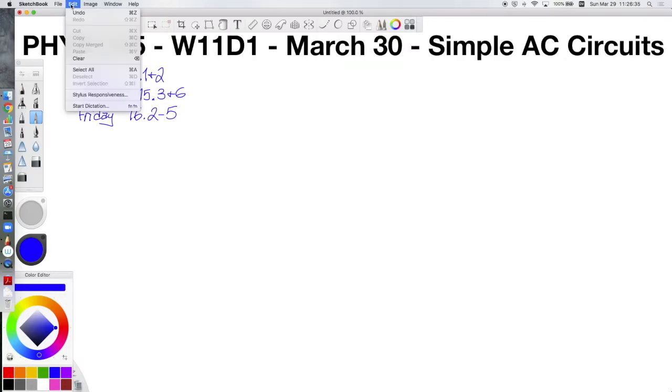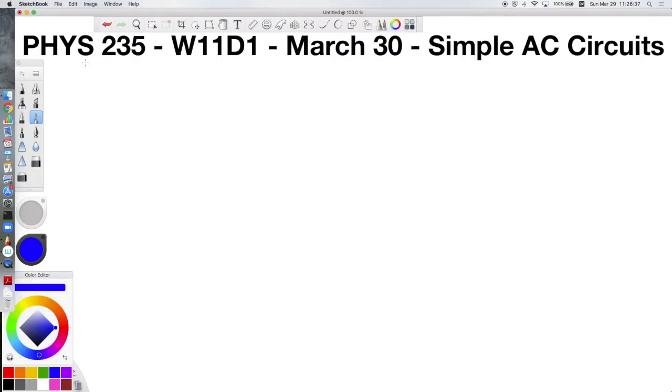So with all of that in mind, we are ready to go on to talk about AC circuits. To know what AC circuits are, we need to contrast them with the types of circuits we've been dealing with so far. So far, we've been dealing with something called DC circuits, where DC stands for direct current.